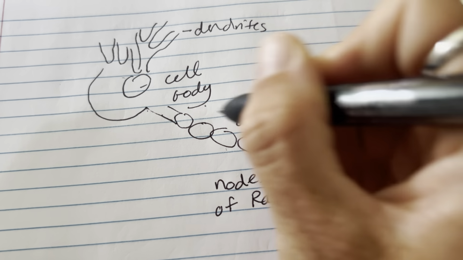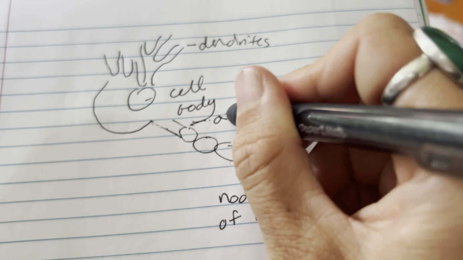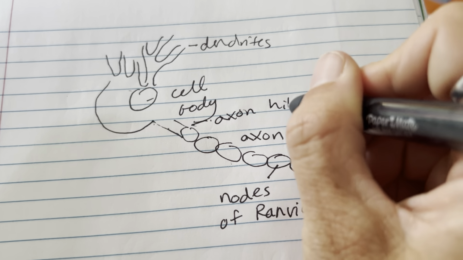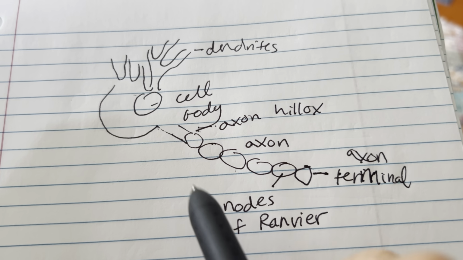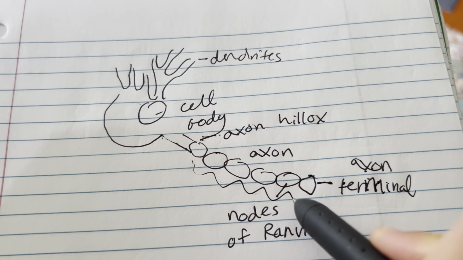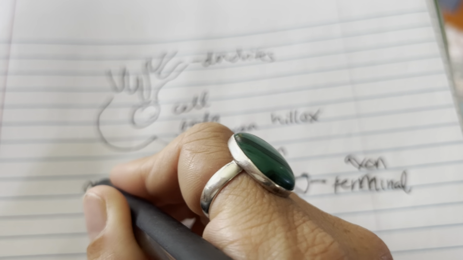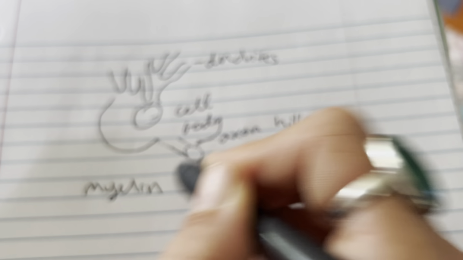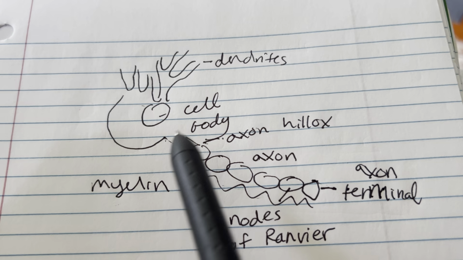We also have the axon hillock at the beginning of the axon. And sometimes wrapped around these axons is a substance called myelin. So let's go over what each of these does.